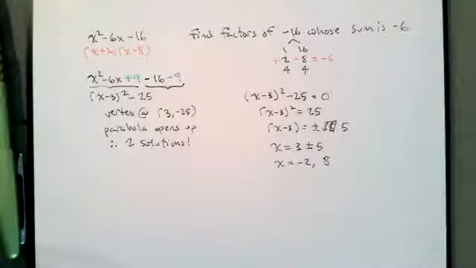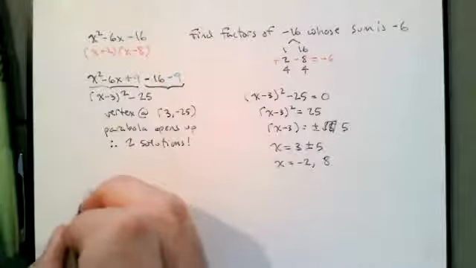It's handy to do things this way because not all polynomials are factorable over the integers. In this case, we want to find factors of negative 16 whose sum is negative 6, because this problem was built for us to be able to factor the polynomial. But polynomials that we encounter in the wild are not necessarily going to be factorable.